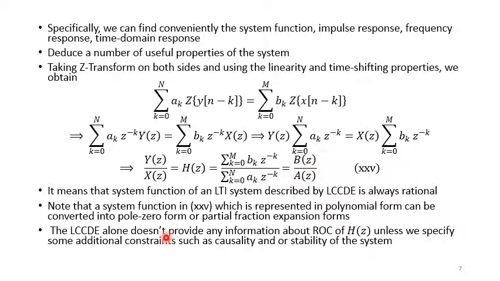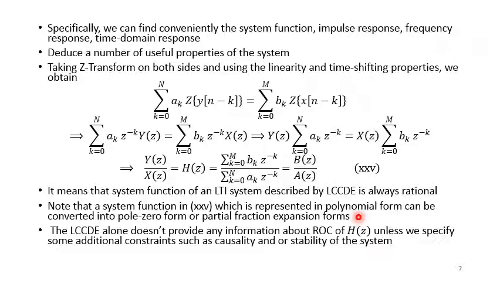Note that the system function in this equation, which is represented in polynomial form, can also be converted into pole-zero form, which we have done previously, or we can also write it in the partial fraction expansion form. So you understand we can write it in different forms.